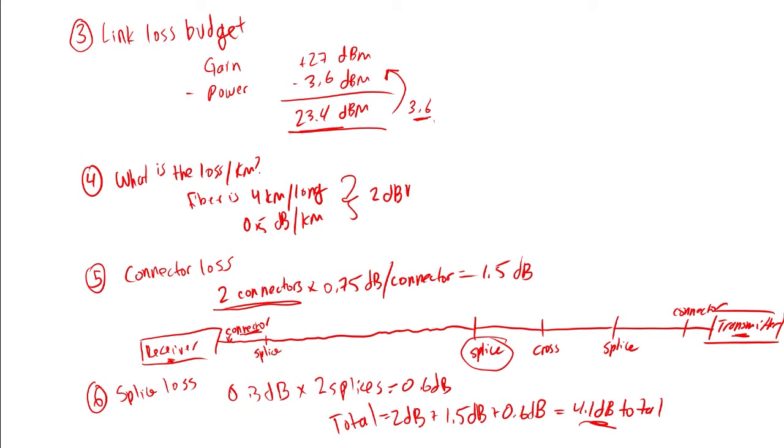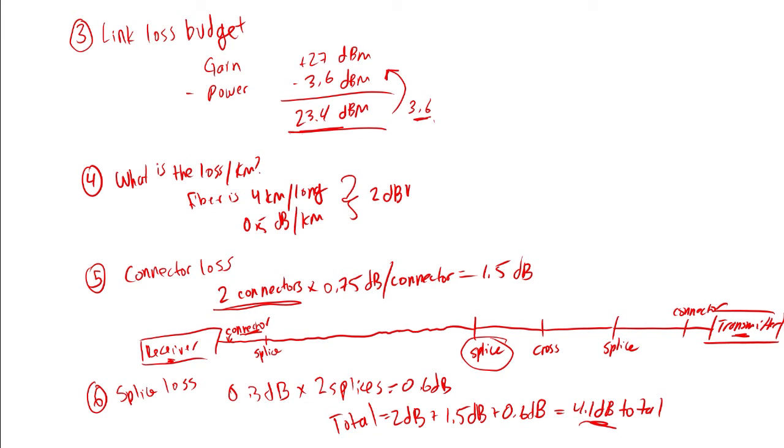So if your link loss budget is say 15, and you've got a couple of connectors and a couple of splices, you should still be able to get 11 or 12 as your loss.